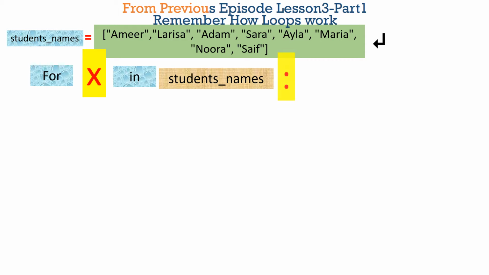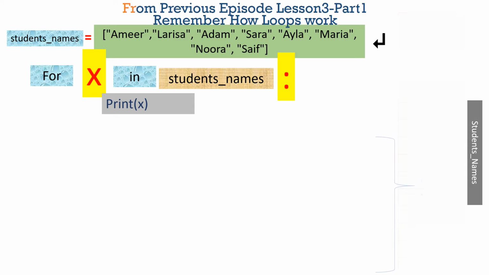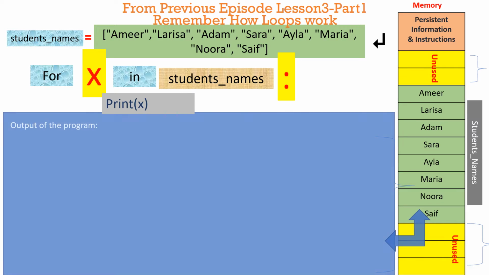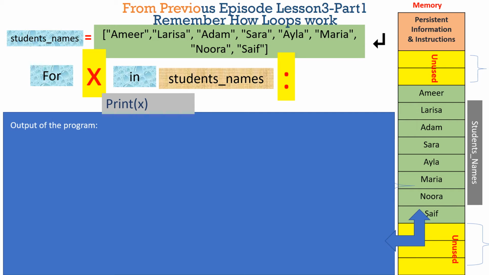Colon, the loop body in our case will be print of X. Now, when we execute the program, the system will access the memory and retrieve the values of the students_names list one by one.